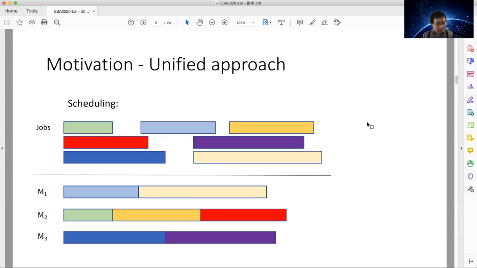The goal is to assign jobs to machines so that a certain objective is optimized. For simplicity, let's just focus on makespan, one of the most popular objectives, where makespan refers to the earliest point in time when you finish all the jobs. As you can see here, the red job is the job that finishes last. So it's the time when we finish all the jobs, and this would be the makespan.